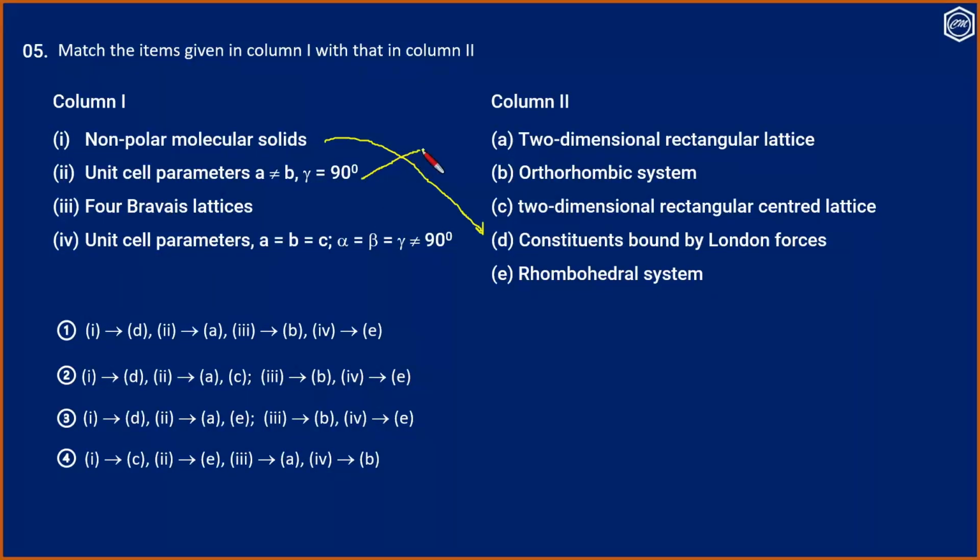So we can connect 2 to A as well as 2 to C. Then 4 Bravais lattices, and that is for the orthorhombic system. So only 1 remains. Unit cell parameters A equal to B equal to C, alpha equal to beta equal to gamma not equal to 90 degrees, and that is the rhombohedral system. So the correct option may be option 2.